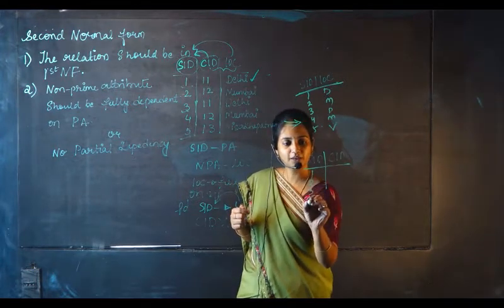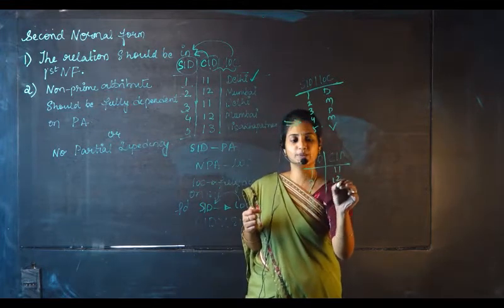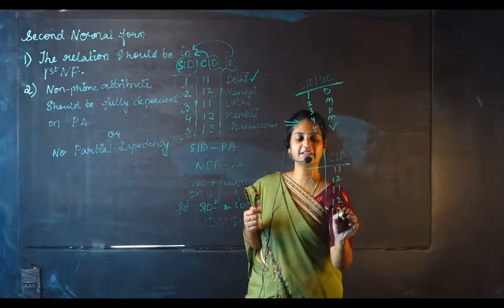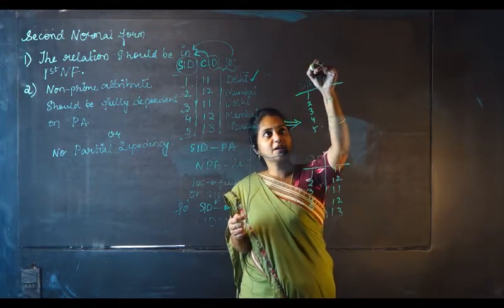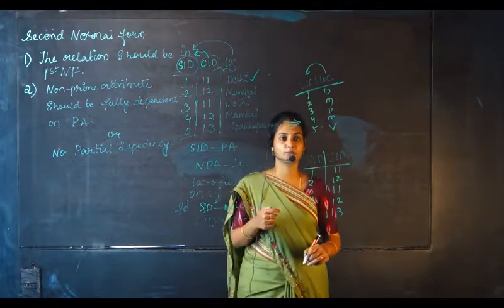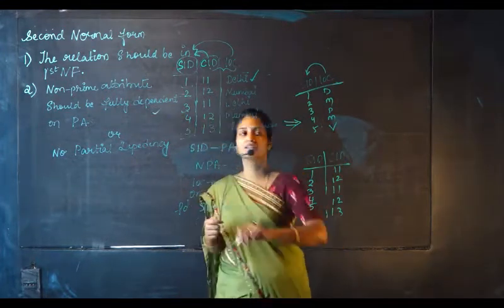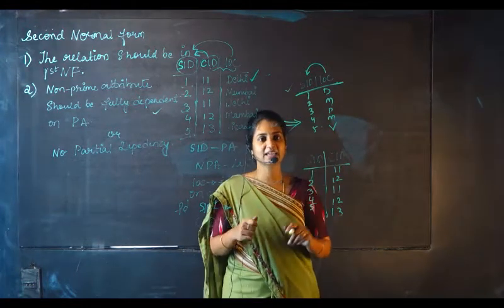Here also 1, 2, 3, 4, 5, and the course IDs are 11, 12, 11, 12 and 13. So see here, this non-prime attribute is fully dependent on the prime attribute. That is the rule in the second normal form. So this table is in the second normal form.